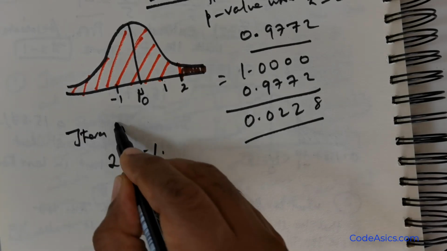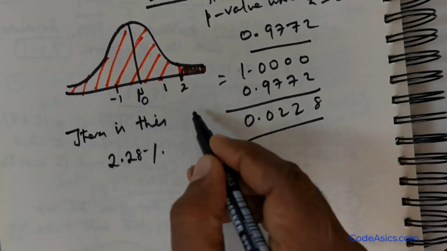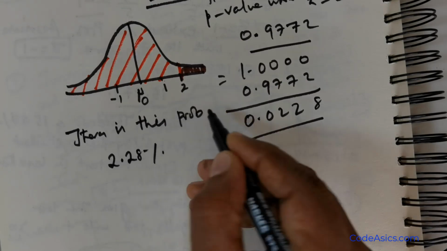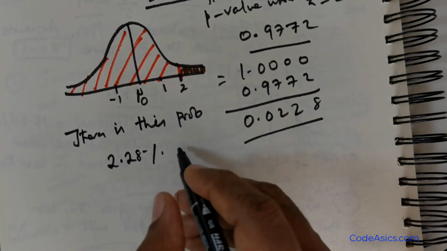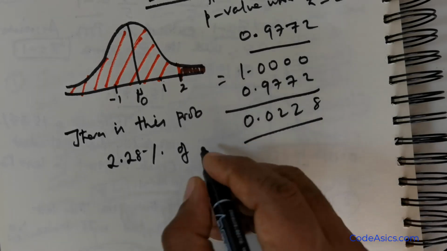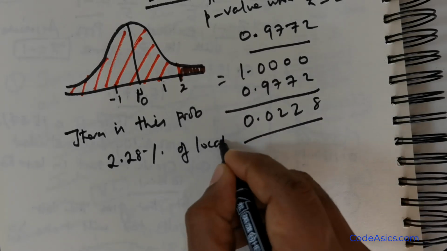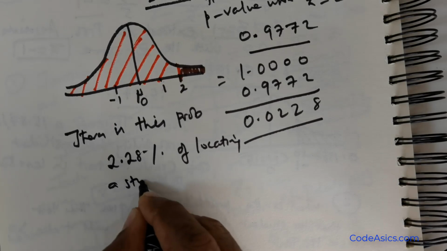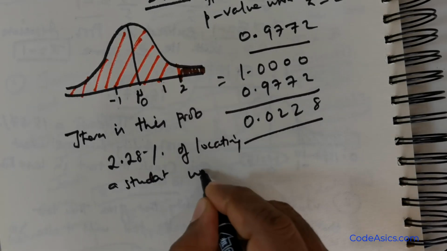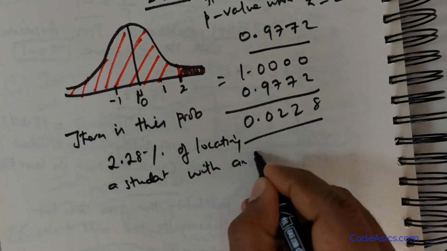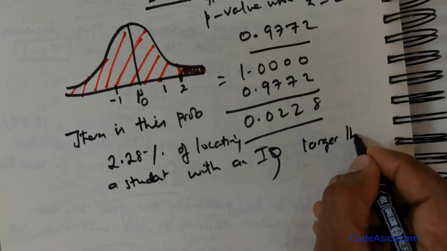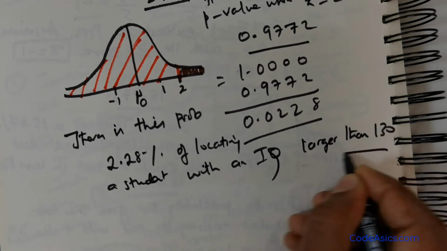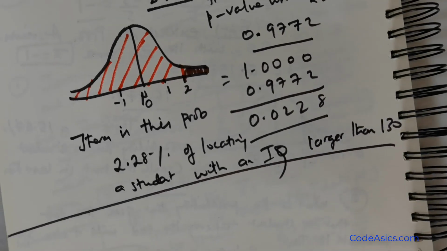There is this probability of 2.28% of locating a student with an IQ larger than 130, right? So that is the conclusion.